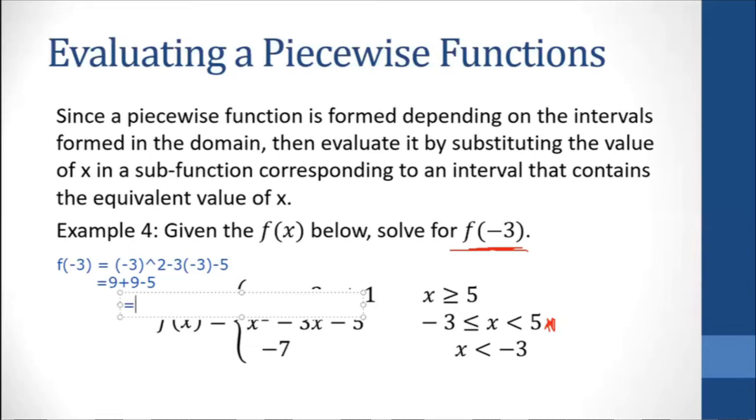So 9 plus 9 is 18 minus 5. So we have 13. Correct. Okay. Ang sagot natin doon sa given na f of -3 that satisfies the second subfunction of the piecewise is 13.